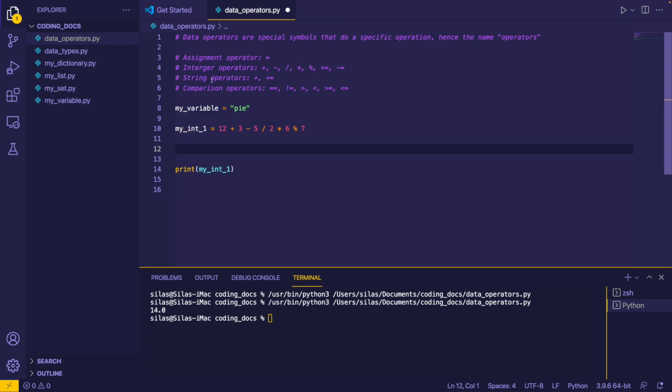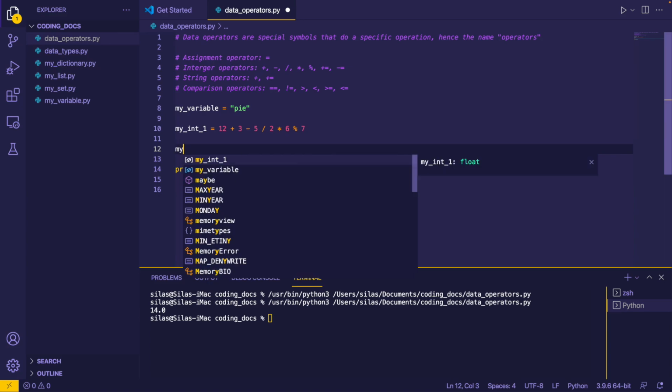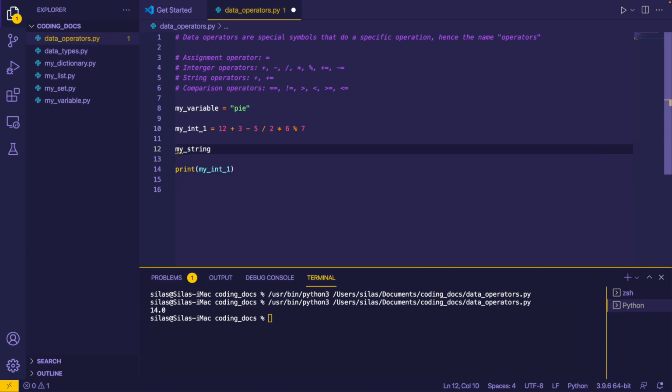Now we have string operators, and we're just going to create a string, call it my string, and we have the concatenation operator, and the same operator as the integer operator, which, if you don't remember what that one does, essentially, you have the operation and we're assigning a number to it.